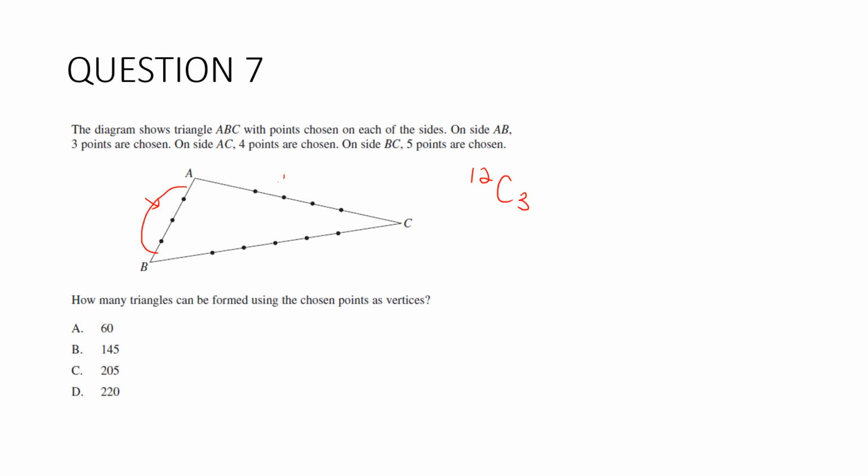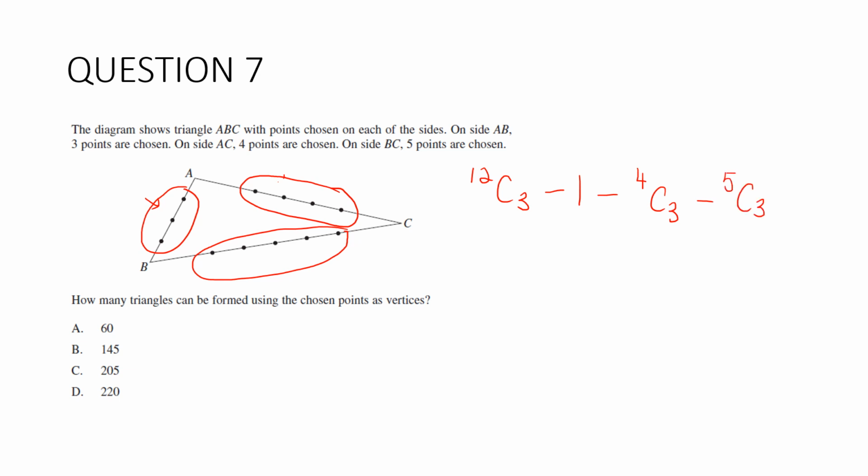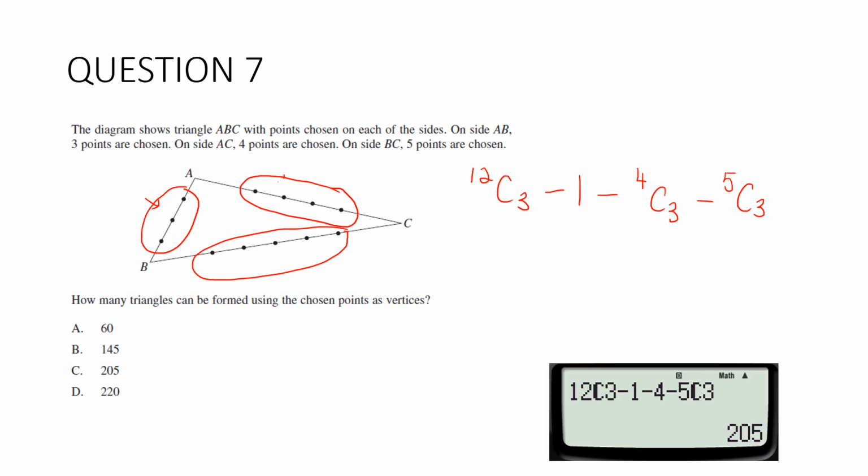If we choose these 3 points, that won't form a triangle. There's only one way to do that. If we choose 3 points from this side, that won't form a triangle. And there are 4C3 ways to choose 3 points from that side. And then finally, here, we choose 3 points from this side, which the number of ways to do that is 5C3, then they won't form a triangle either. And putting that into the calculator, we end up with 205, which is C.